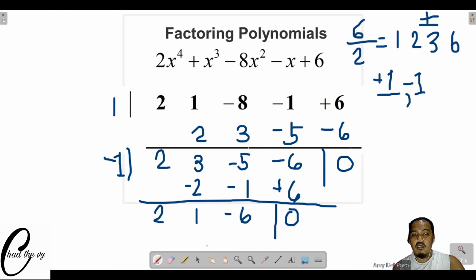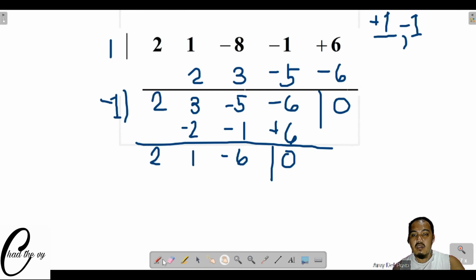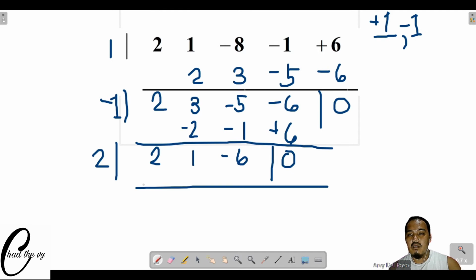Okay, then baba natin ng konti. So again, ito na tayo. Mag-divide tayo dito ngayon ng 2 naman. So again, synthetic tayo. So 2. 2 times 2 is 4. 4, add tayo 5. 5 times 2 is 10. So hindi siya magsi-0.